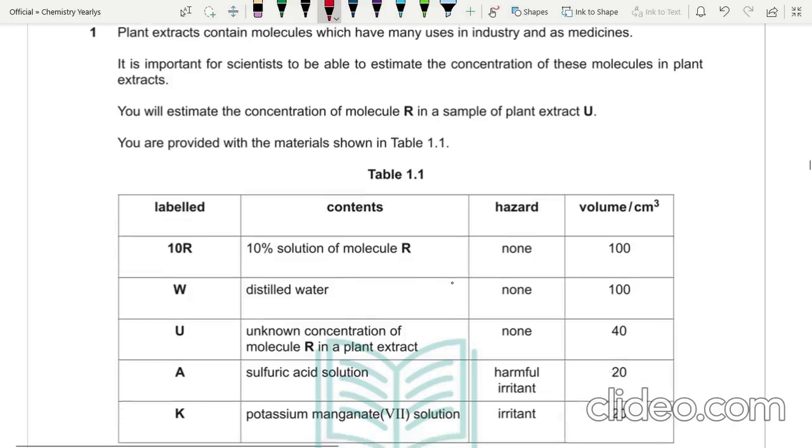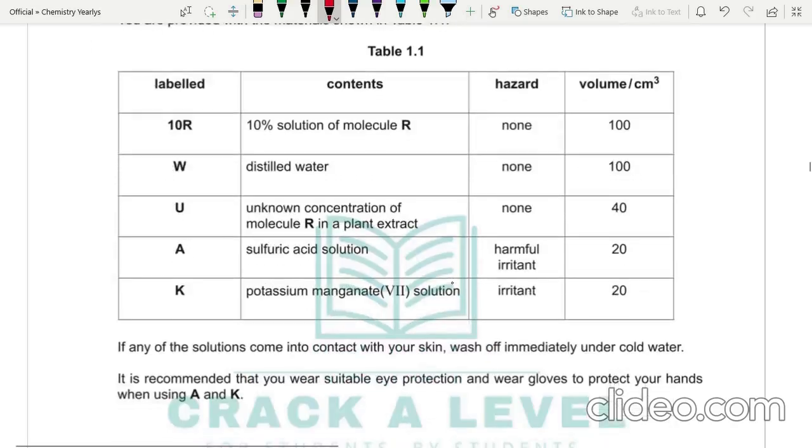You are provided with the materials shown in table 1.1. So 10R is a 10% solution of molecule R. Then W is distilled water and U is the unknown concentration of the molecule R in the plant extract.